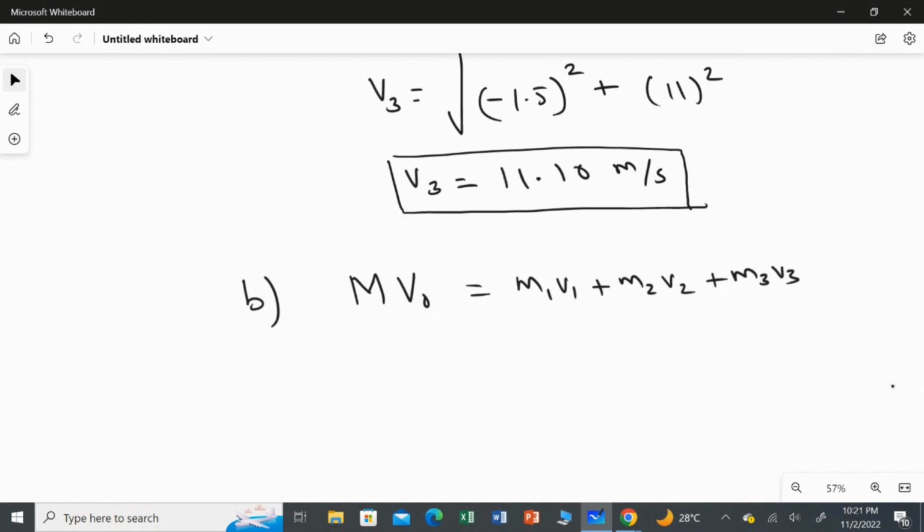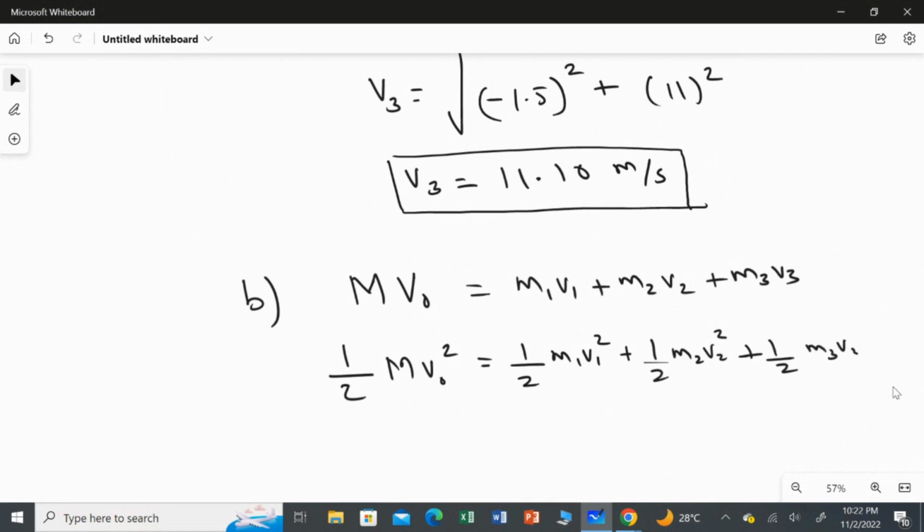Now you can convert this in terms of kinetic energy: half M V naught square equals half M1 V1 square plus half M2 V2 square plus half M3 V3 square.